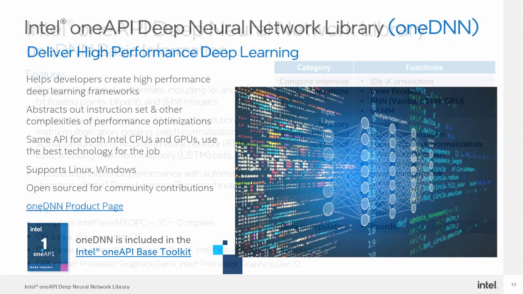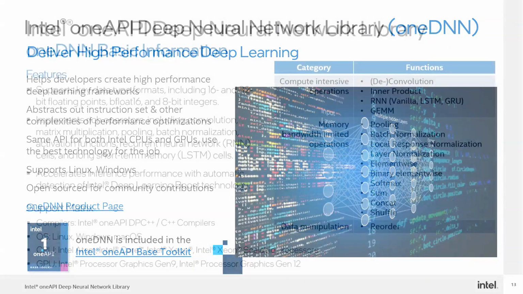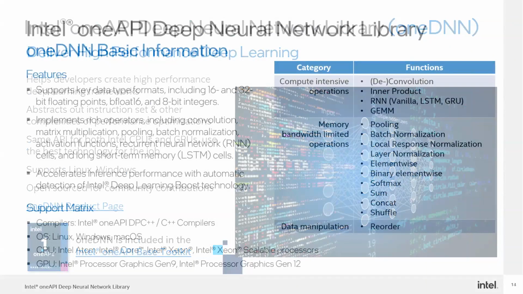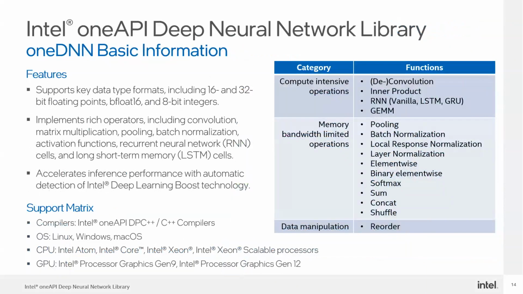So what you have in this oneDNN library are algorithms that are optimized for compute intensive operations, memory bandwidth limited operations, and data manipulation. Those are supporting the C++ and DPC++ compilers, and are optimized for Xeon processors and also for Gen 9 and Gen 12 GPUs from Intel.